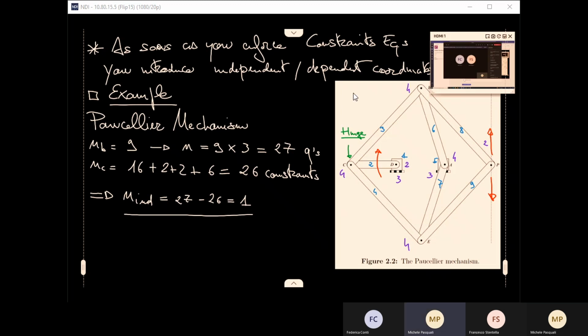And this number that you get here, the number of independent parameters possessed by a system, is called degrees of freedom, also abbreviated as DOF.